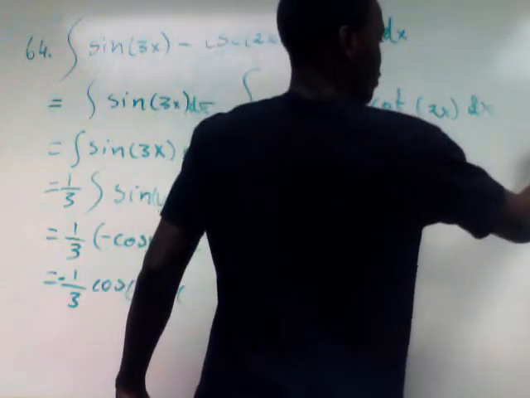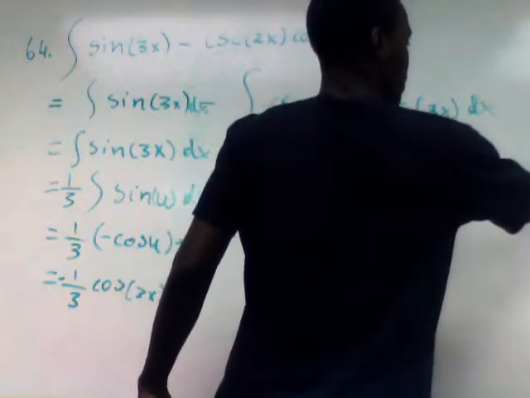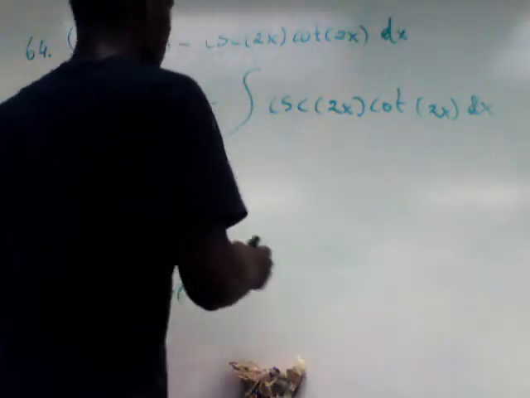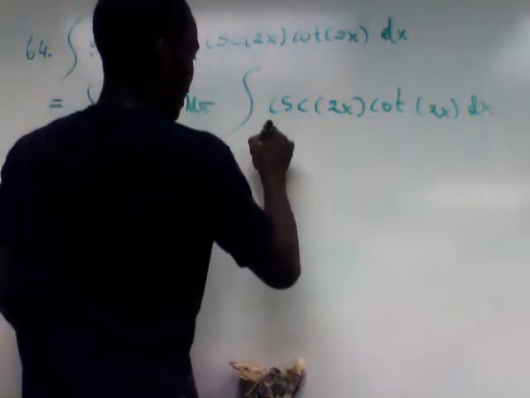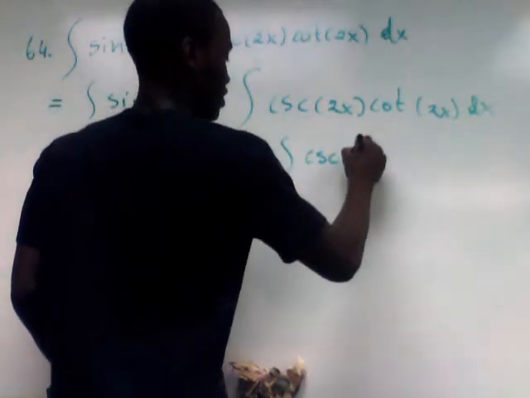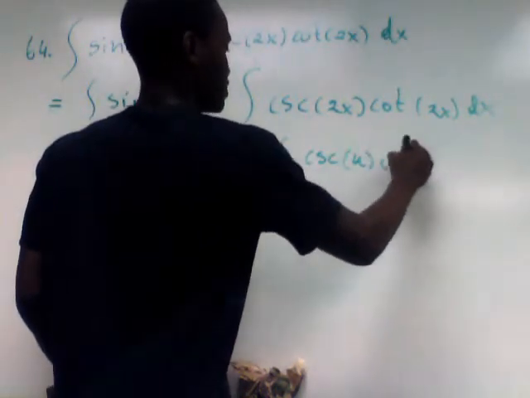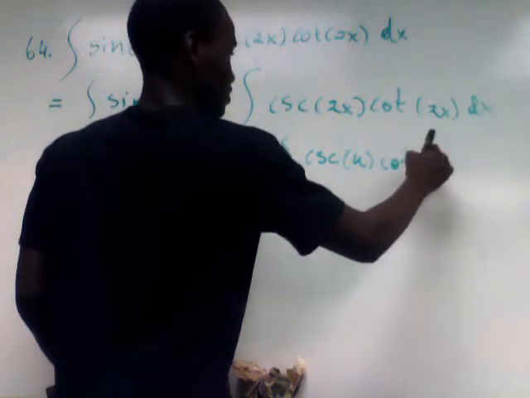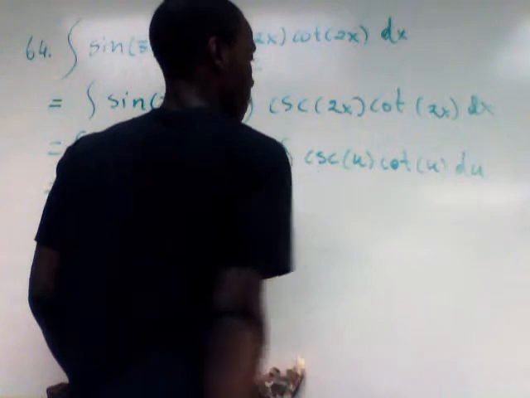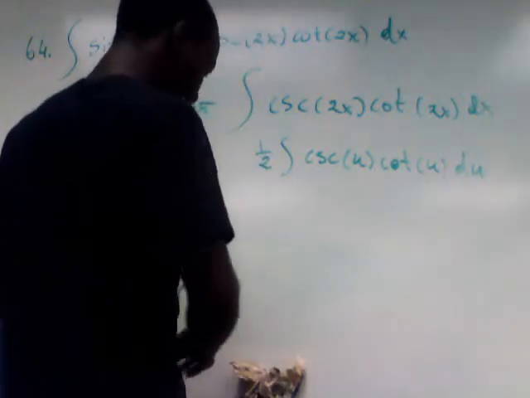So 1/2 of du is therefore equal to dx. So you just want to plug back in your values. So you have 1/2 cosecant of u cotangent of u du.